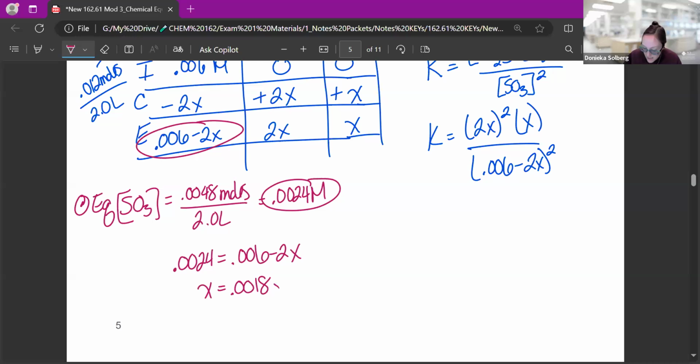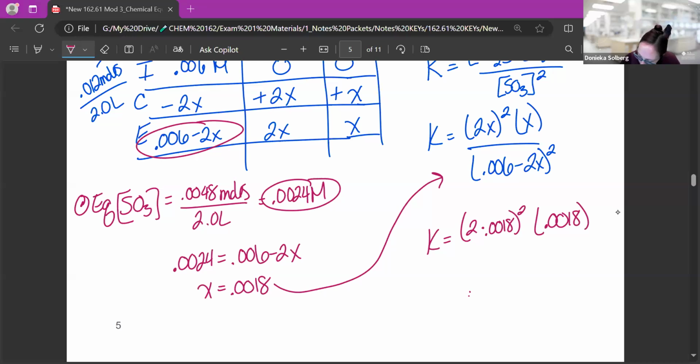Now I can plug in that x to this whole equation and solve for K. I'm trying to find my equilibrium constant. So I'm going to get that K is 2 times 0.0018 squared times 0.0018, and then on the bottom, 0.006 minus 2 times 0.0018, and that's squared.